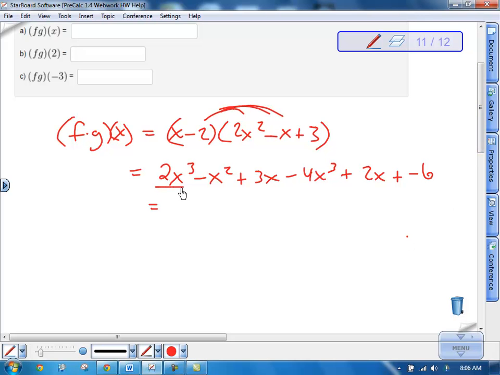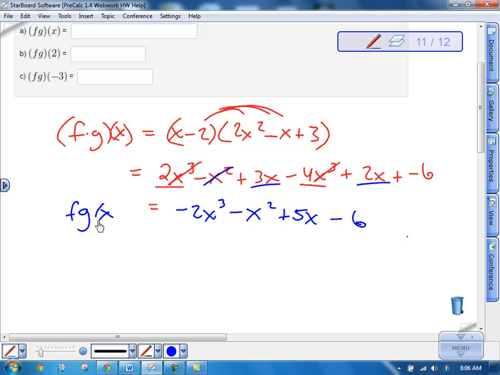We got x cubed and x cubed, so that'd be negative 2x cubed. Then we have negative x squared. Then we have 3x and 2x, so that's 5x minus 6. So this is my function f times g. Just write it f times g like this so we don't confuse it with composition.